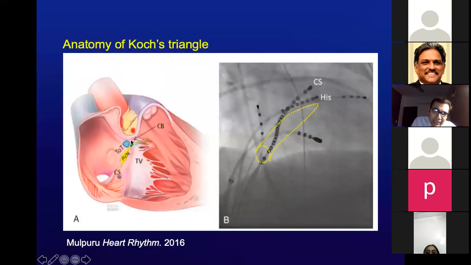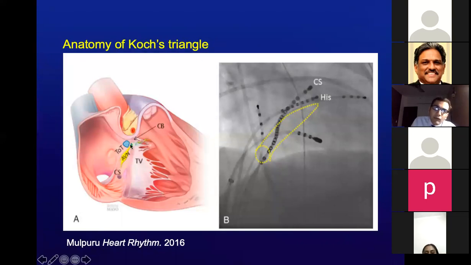So you get a triangle with the apex here, the posterior border being the posterior end of the crista terminalis, anteriorly the septal leaflet of the tricuspid valve, and a line joining these two structures. This triangle is one of the most important anatomical structures within the heart, also called the Koch triangle.